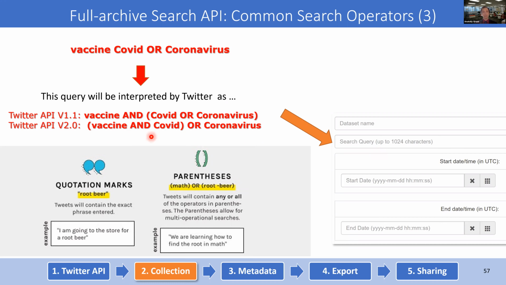So essentially, you can just impose your order of things. In our case, the first version will be vaccine, and, or a space instead of and, round bracket open, COVID or coronavirus. So if you just type this into Communalytic, that's how you can get tweets that mention vaccine and one of these words, COVID or coronavirus.